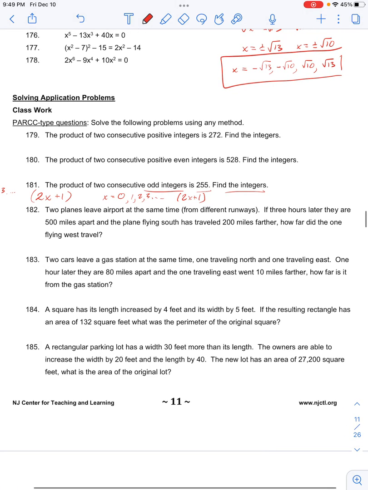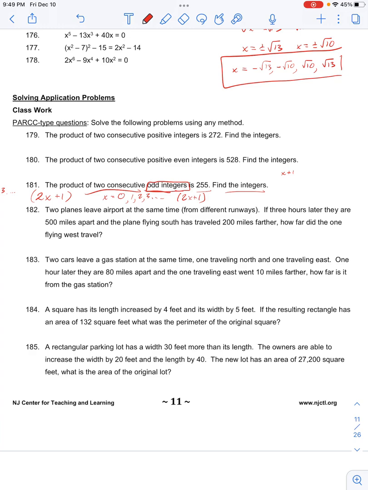And so two consecutive odd integers would be this, 2x plus 1. And then the next odd integer would be denoted by x plus 1, which would be like the next term in the sequence.